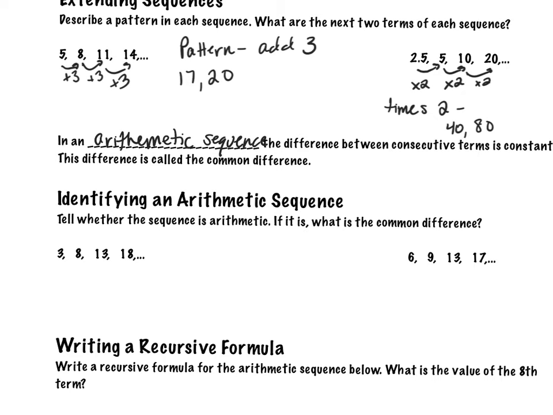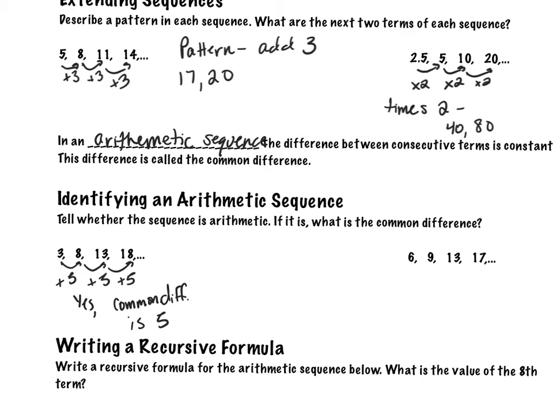So if I want to identify them, look at 3 to 8, I'd have to add 5. 8 to 13, I add 5, and 13 to 18, I add 5. Because I add 5 every time, I can say yes, the common difference is 5.